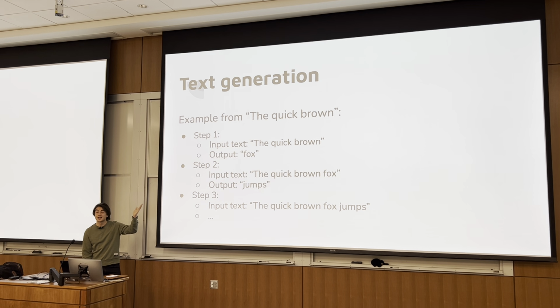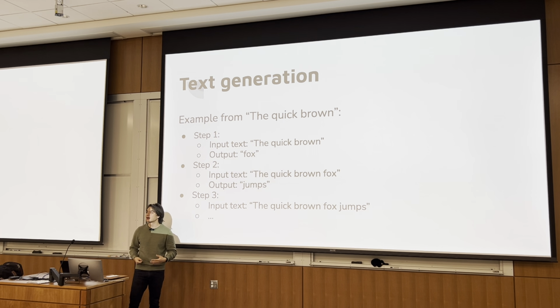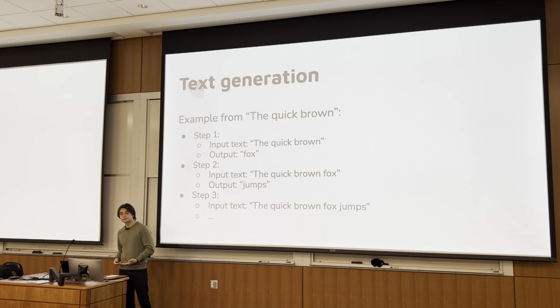If the most likely next word is "fox," you append that word to your original input. So now you're on step 2. You've got "the quick brown fox." You feed that in again and get the next predicted word, append that word, "jumps," and you get "the quick brown fox jumps." You can continuously do this process to generate arbitrary-length sequences. Any questions?